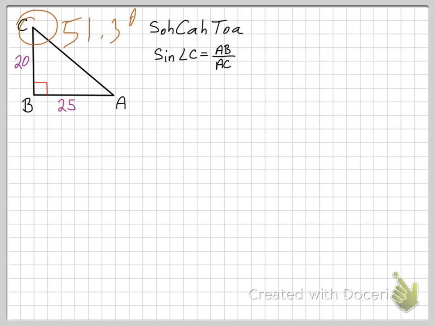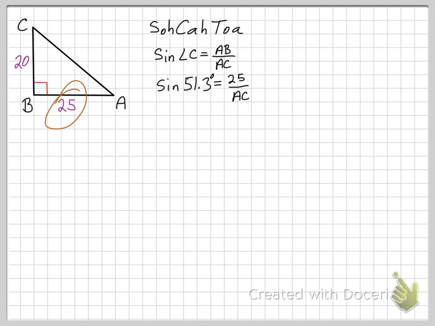So I'm going to use the sine of angle C to find the value of AC, or the hypotenuse. The sine of 51.3 degrees is equal to opposite, which is 25, over hypotenuse, which is my unknown value, AC.